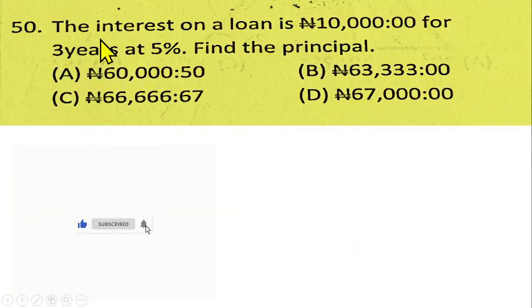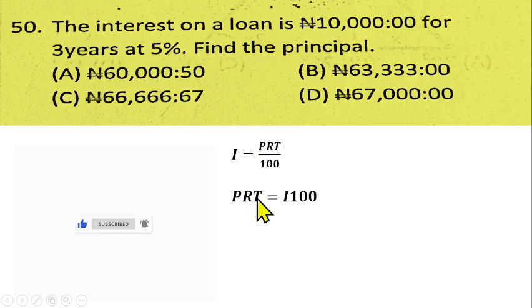Then question number 50 is from simple interest. The interest on a loan is 10,000 naira for 3 years at 5%. Find the principal. We know that the interest is PRT over 100. You have been given the interest, you are looking for the principal. If you cross multiply, PRT equals interest times 100. Then divide both sides by RT.